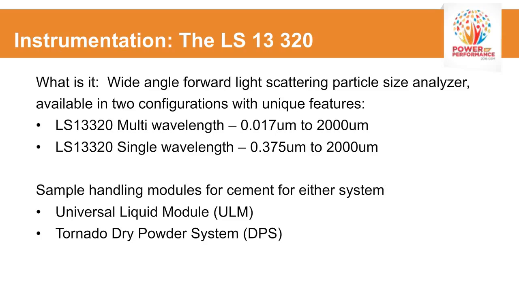Basically, you have what's called a multi-wavelength optical bench, which, if you're running liquid-based samples, can cover 17 nanometers to 2,000 microns in a single scan. And then there's the single wavelength optical bench. It has less optics in it and does not have the bottom end optics, so you're covering 0.375 microns to 2,000 microns.